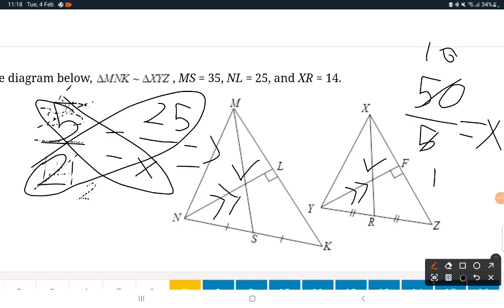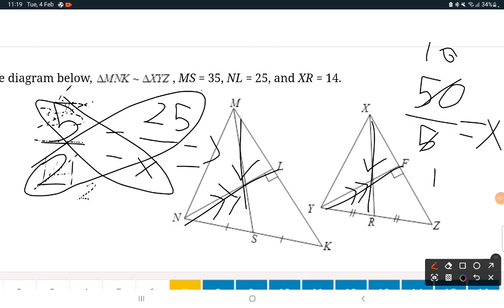So we just apply the proportionality theorem. You could draw on the figure to make it easier. Like, you could write it on the paper. MS is equal to XR. It's just similarity. NL is equal to YF, because they're similar triangles. And then we just do the proportionality theorem.